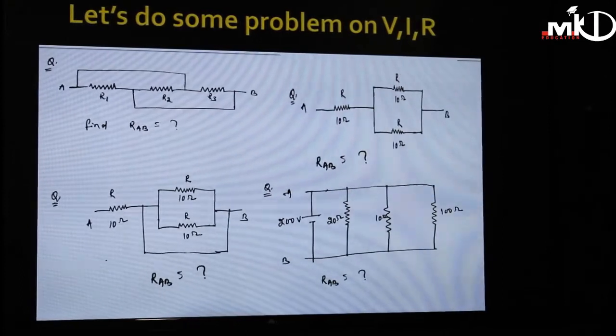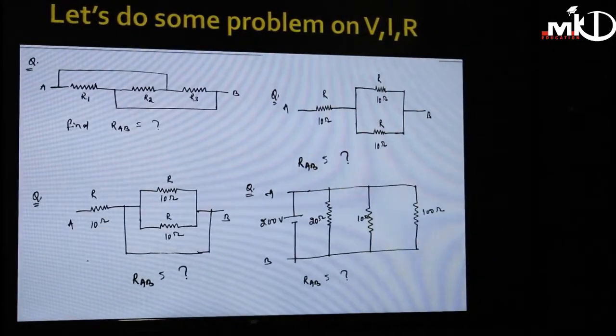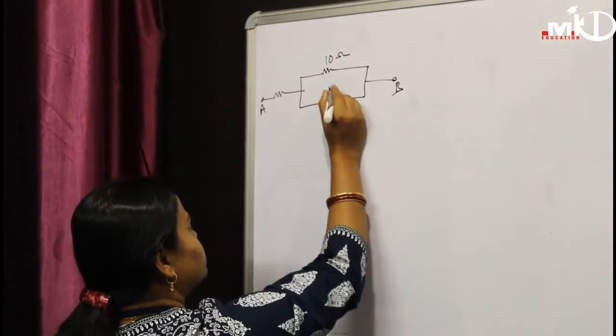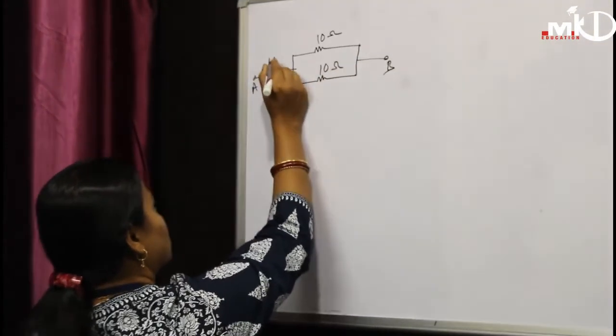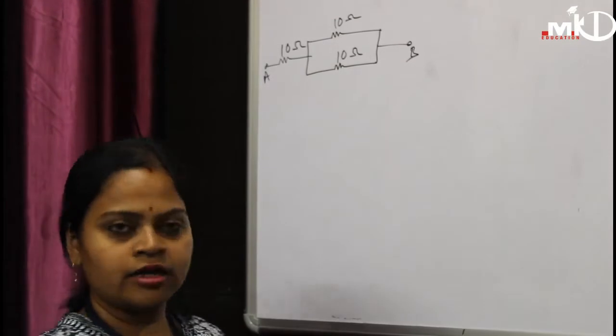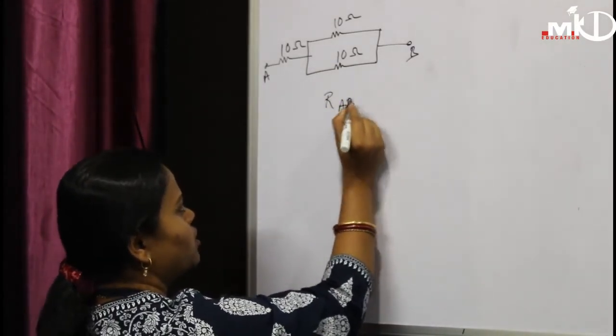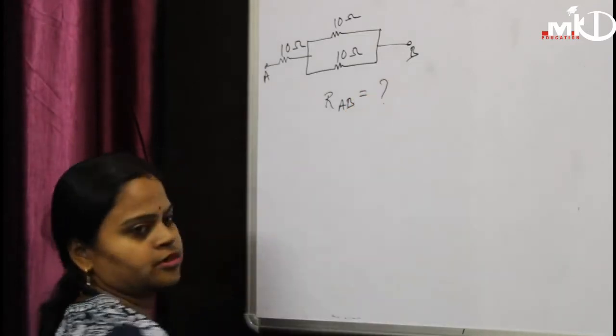Here we are having one parallel circuit with a series resistance. So here I am drawing the circuit. The values are 10 ohm, 10 ohm and 10 ohm. And here also we need to find out the RAB or R equivalent of this circuit.